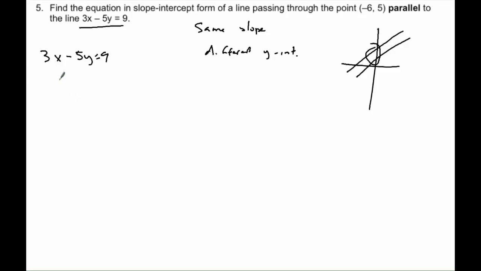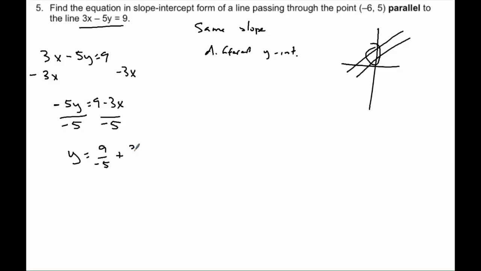Okay, so here we go. First thing I do, solve for y, so minus 3x on both sides. I get -5y is equal to 9 minus 3x. I divide both sides by -5, and I get y is equal to 9 over -5, plus 3/5 x.